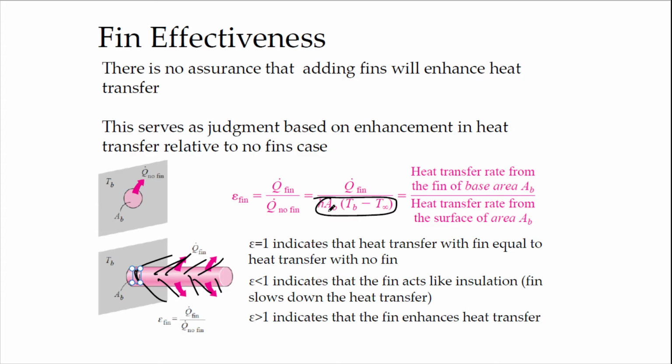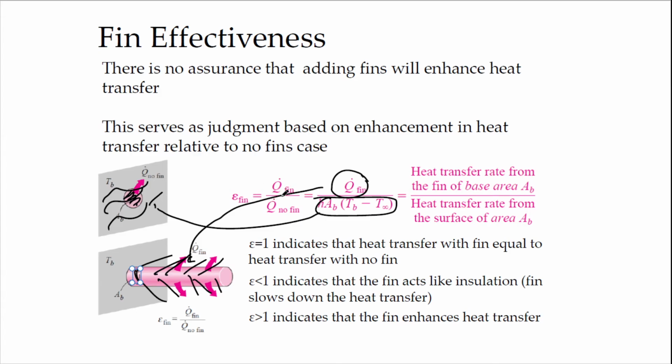Without a fin, it primarily depends on this area and the flow across the surface of A_b, and depends on the heat transfer coefficient. So this equation reflects that. We write Q_fin because it depends on the boundary condition and the type of geometry of your fin. So Q_fin can be anything; it depends on your boundary condition and type of fin. But for Q_no fin, this is the equation.